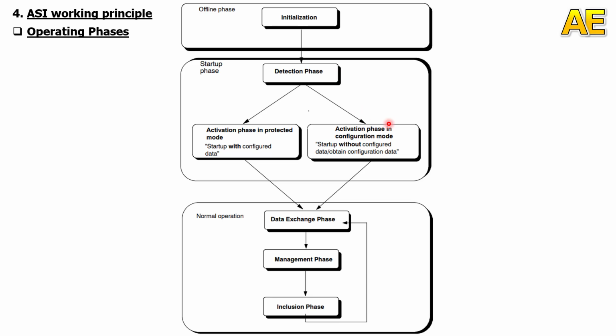Next phase is the activation phase. After the ASI slaves are detected, they are activated by the master sending a special code. When activating individual stations, a distinction is made between two modes on the ASI master.